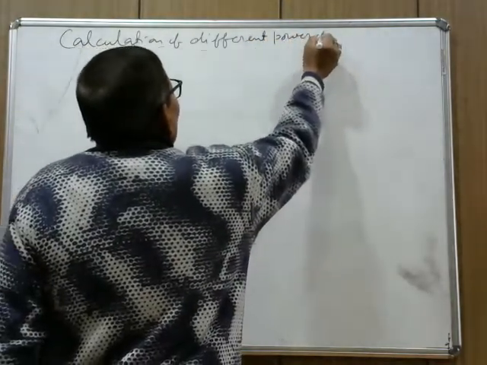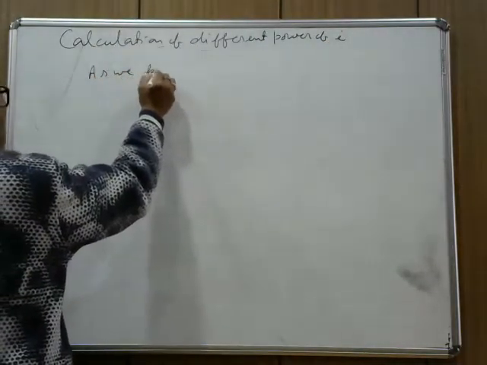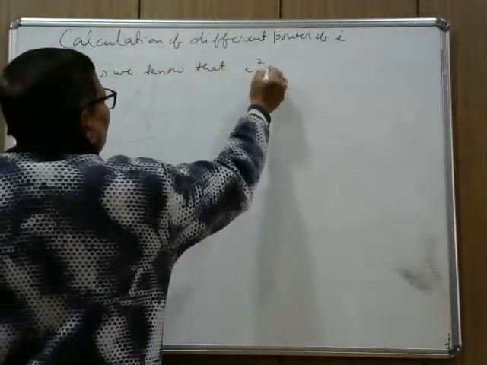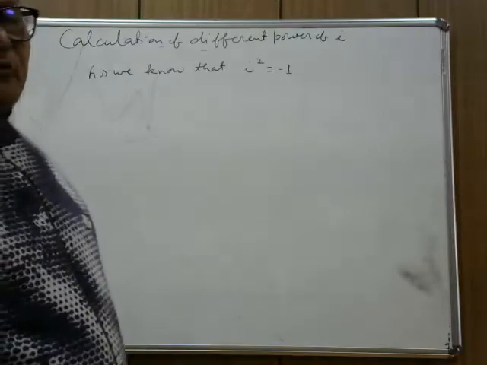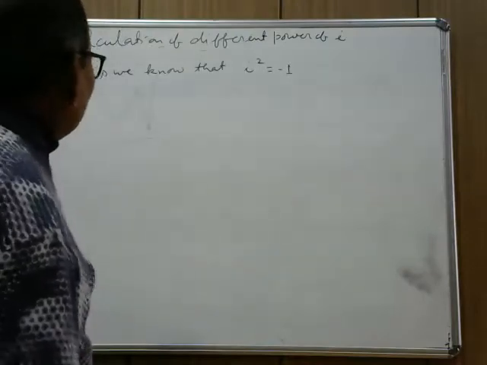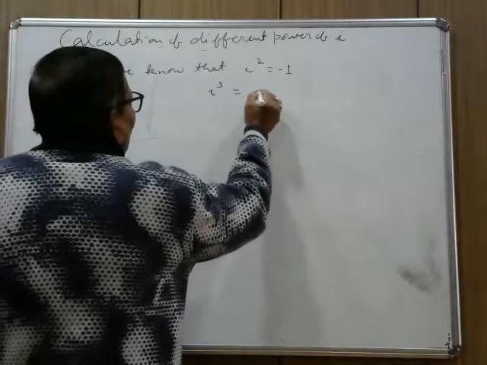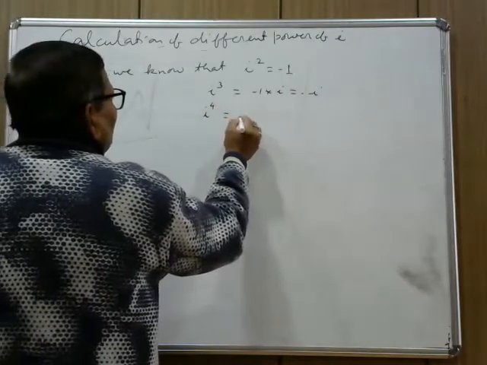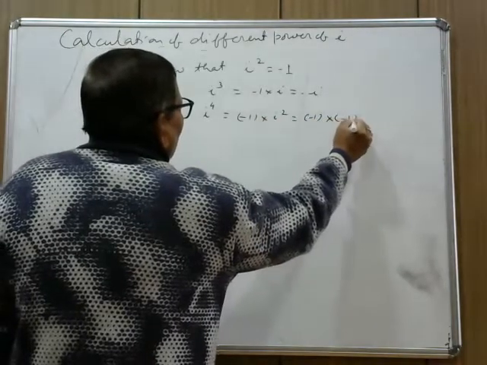As we know, i square is minus 1. The square root of a negative real number, the square root of minus 1, is i and minus i. So therefore we can write i square equals minus 1. When you find i to the power 3, then minus 1 multiplied by i is minus i. For i to the power 4, minus 1 multiplied by i square, that is minus 1 multiplied by minus 1, is plus 1.